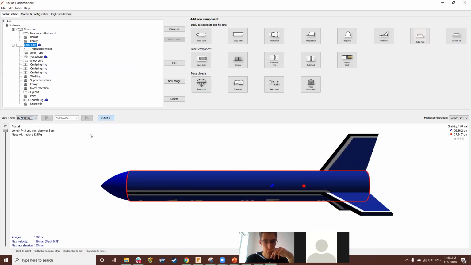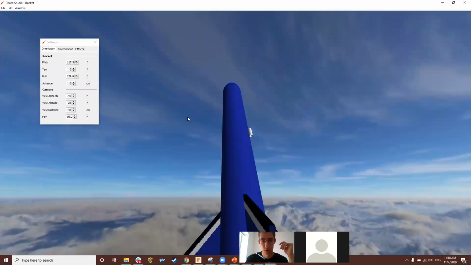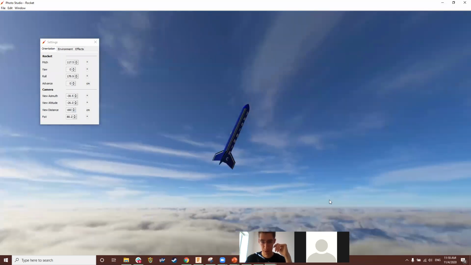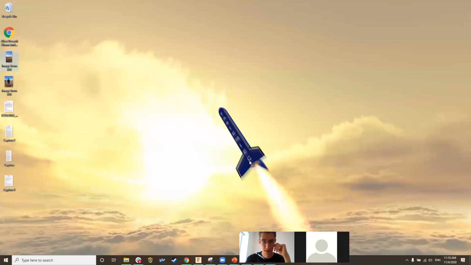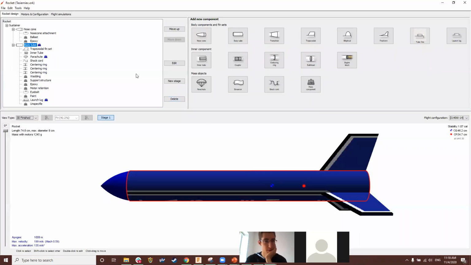And you can add some appearance to your rocket. What I really like, it's just for you to play, to have fun, is the Photo Studio. You can actually make a really nice wallpaper for yourself, just as I did in here. But anyway, let's get back to OpenRocket.